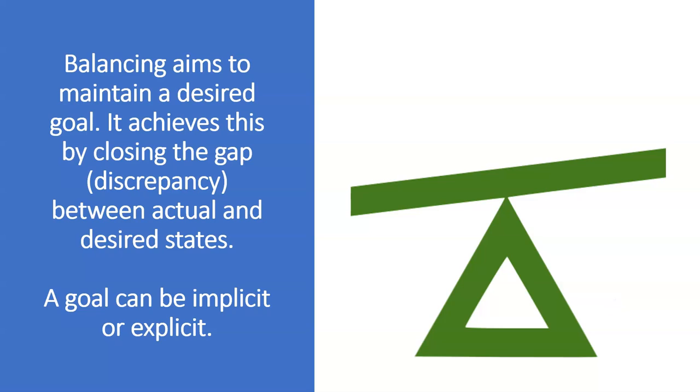The balancing feedback loop, on the other hand, aims to maintain a desired goal. And that goal can be implicit, not really known, or explicit, stated. The system achieves this by closing the gap or discrepancy between the actual state and the desired state.